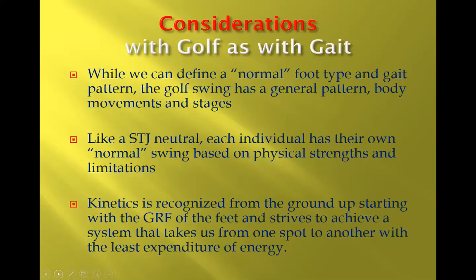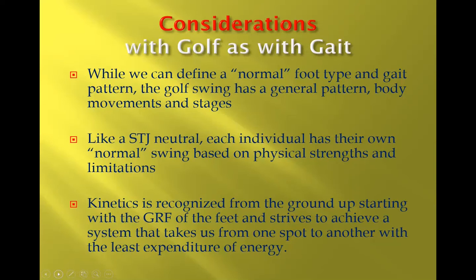So if someone is taller, they're going to have a longer vector for swing. If someone is stronger, they're going to be able to generate more force. If someone has a quote unquote normal subtalar joint, they're going to have the ideal amount of motion of the subtalar joint to maximize the golf swing.